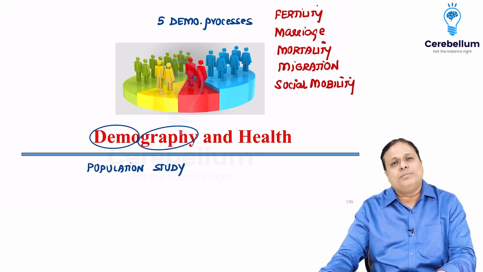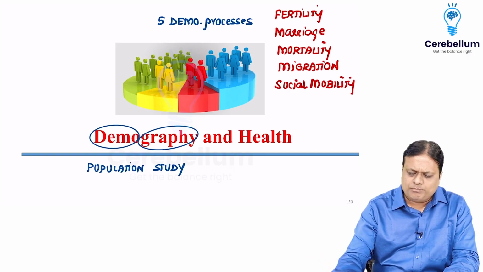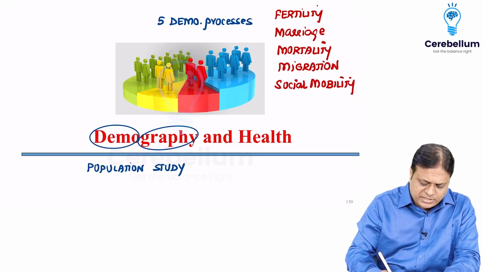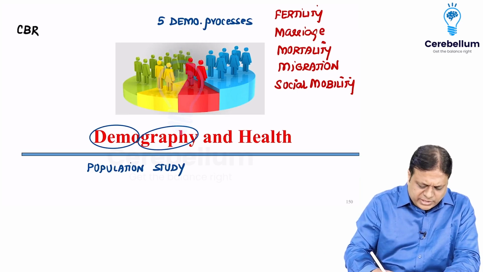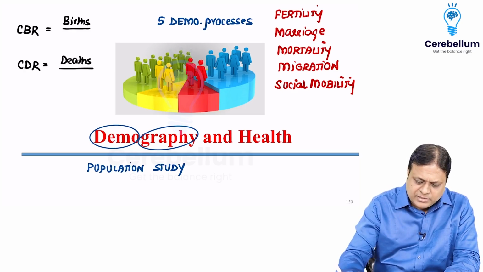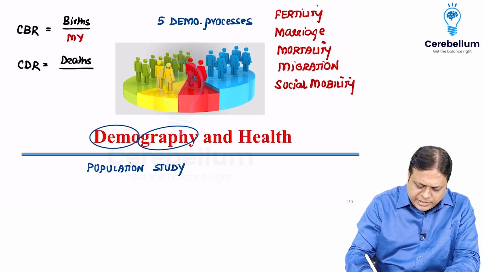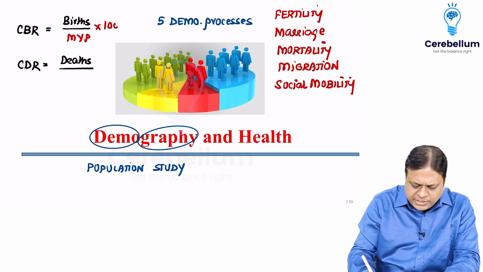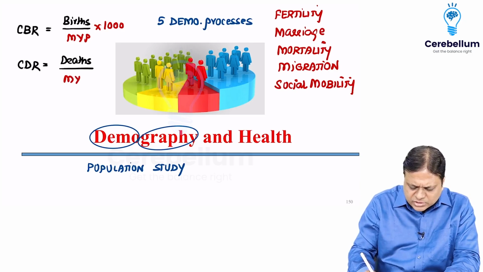class or socio-economic status. 2 important basic demographic parameters are crude birth rate, crude death rate, which are measured as number of births and number of deaths measured per thousand mid-year population. Mid-year population of a country is on 1st of July.